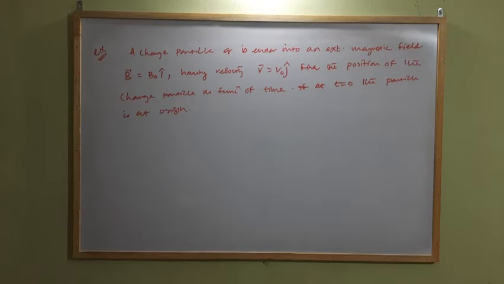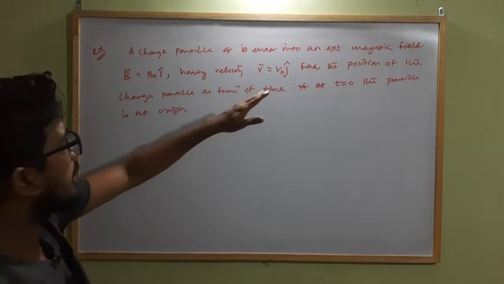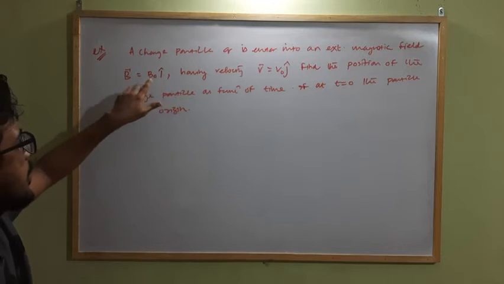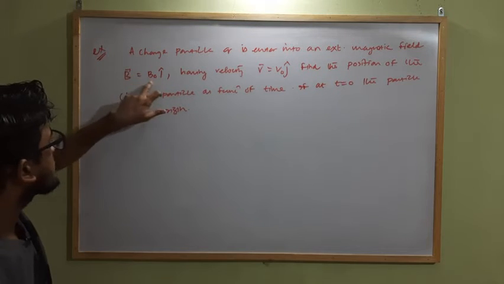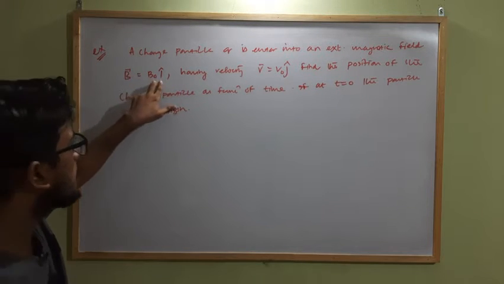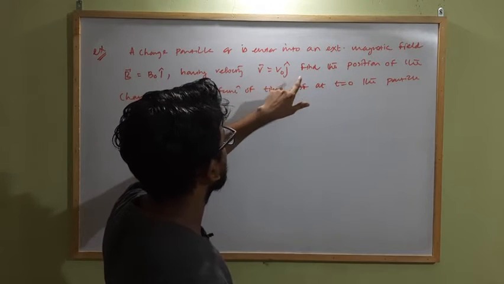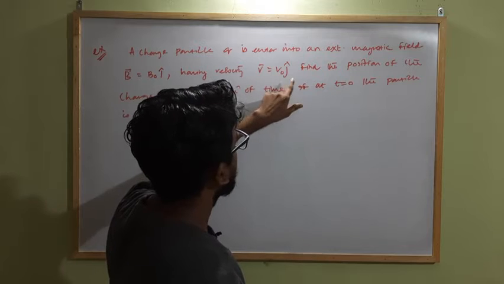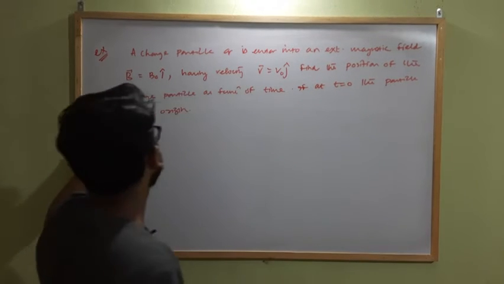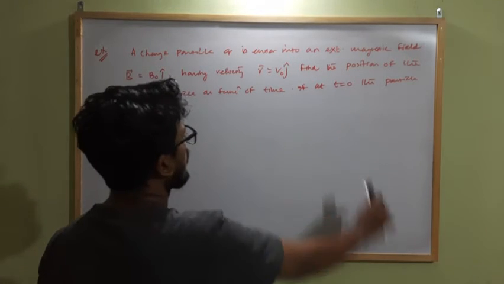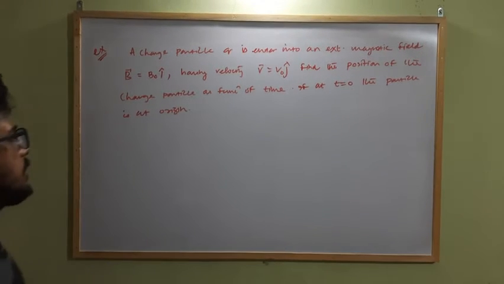Okay, a charged particle Q is entered into an external magnetic field which is equal to B naught i cap. That means the external magnetic field is along the positive x-axis, with a velocity V equal to V naught j cap, which is along the positive y-axis. Then find the position of the charged particle as function of time if at time t equal to 0 the particle is at origin. Clear?